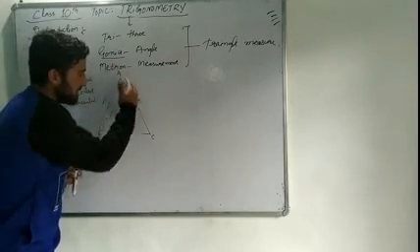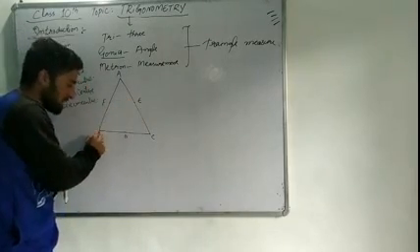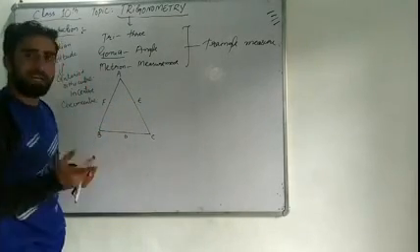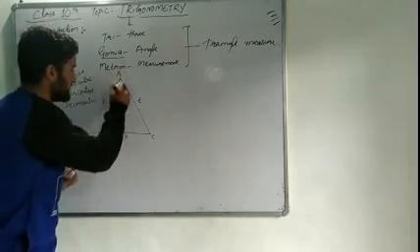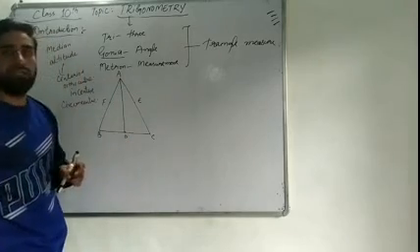Now if I join the midpoint E of AC with the opposite vertex, then we get a line segment. That is, we join this point. This is called the median of a triangle.